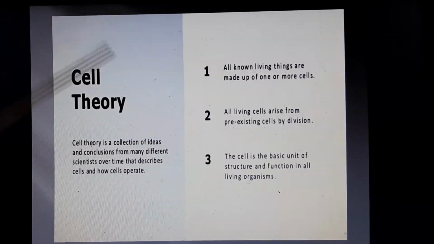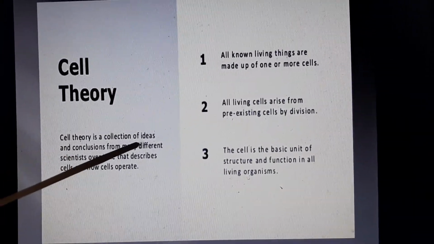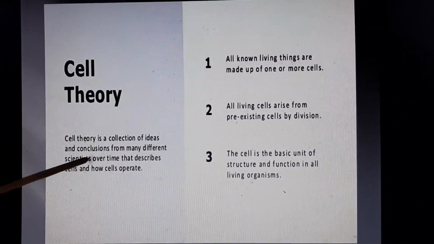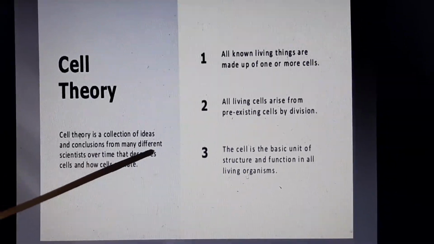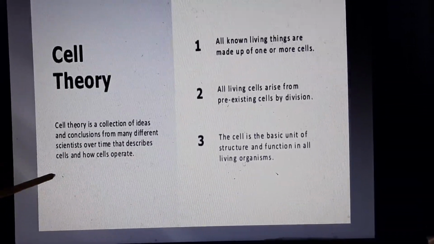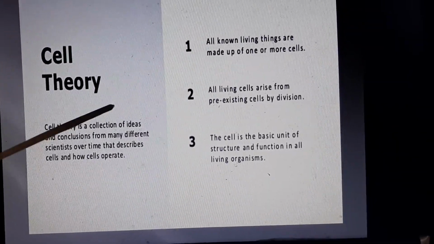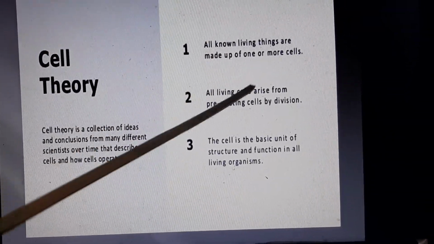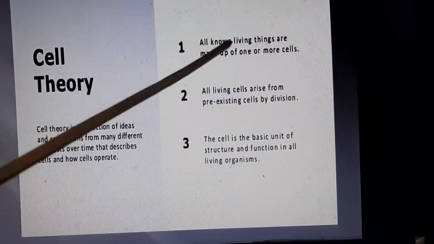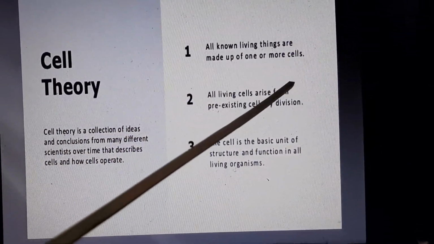Now the cell theory is a collection of ideas and conclusions from many different scientists over time that describe cells and how cells operate. Once we are talking about the cell theory, we should remember these 3 points. First, all known living things are made up of one or more cells.